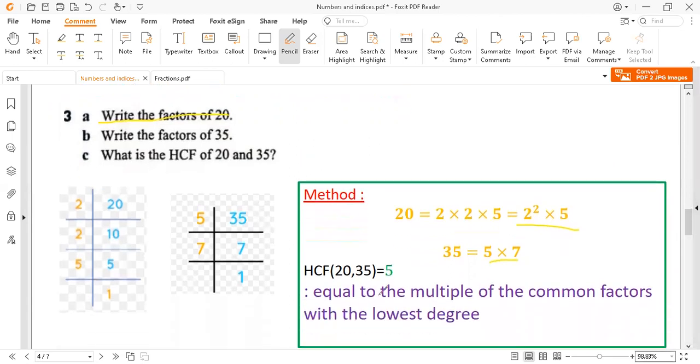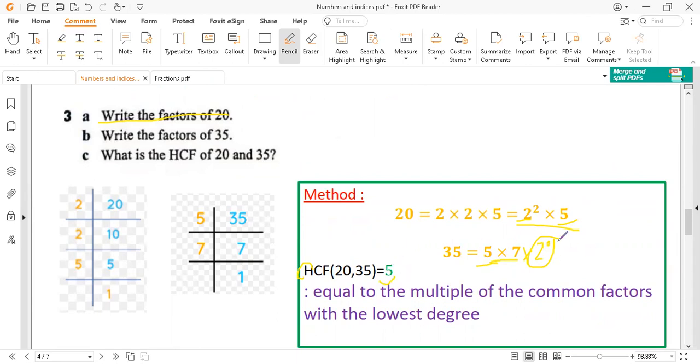For the highest common factor, we find the common factors with the lowest degree. We have 2 power 2 here, and we don't have a 2 in the other number, so we can add 2 power 0. Comparing, the lowest degree is 2 power 0, which is equal to 1.